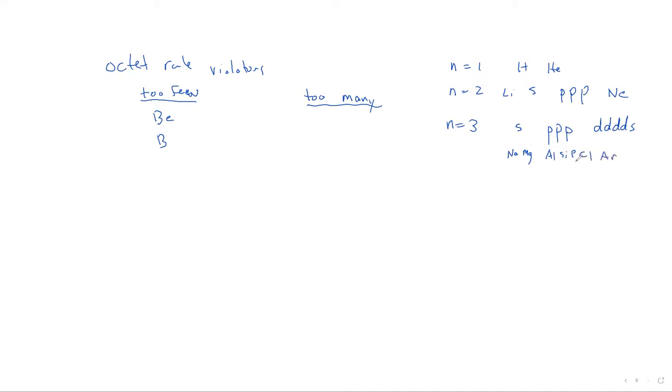And so these are the P's, right? They have access to these D's because it's in their shell. So these D's are empty, but accessible.